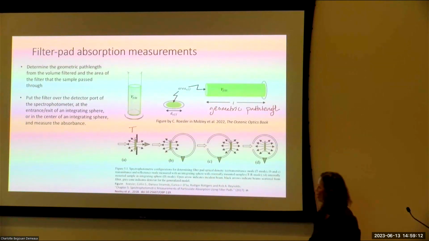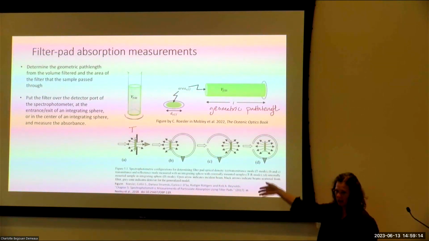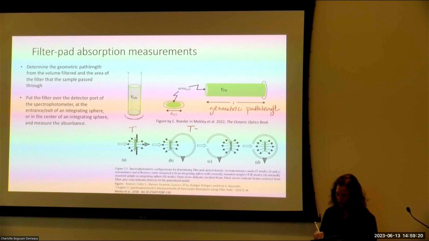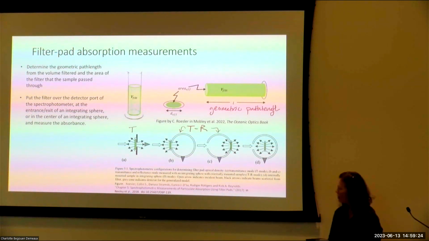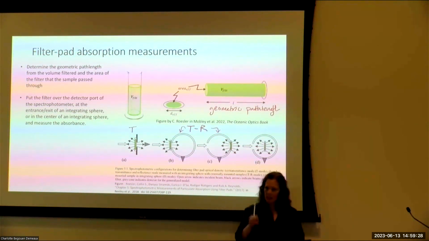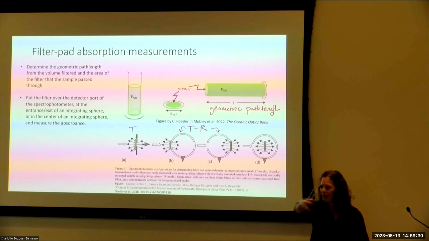So we can use a reference filter to try and back out what's just been scattered by the filter. We can also use an integrating sphere to help with this. In a paired measurement, you put the filter at the entrance to the sphere, shine light through it, and collect the light that gets scattered out after the filter.